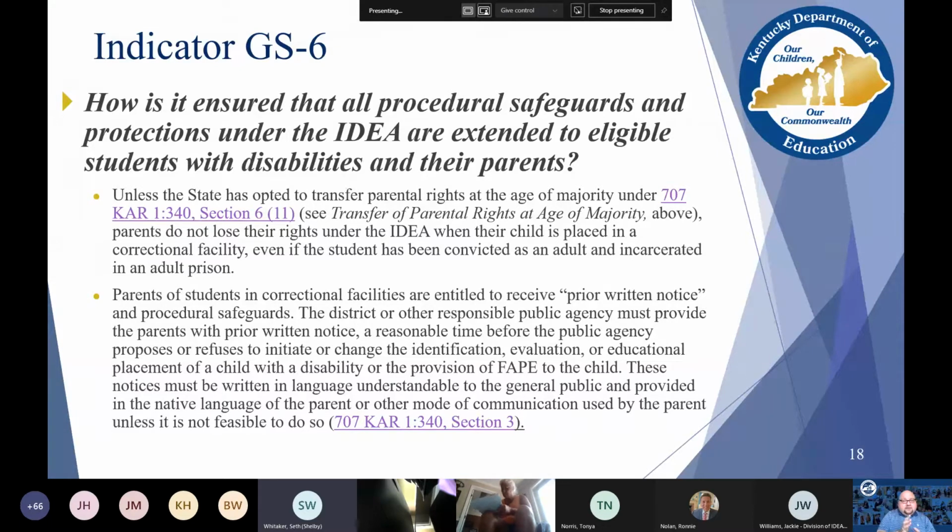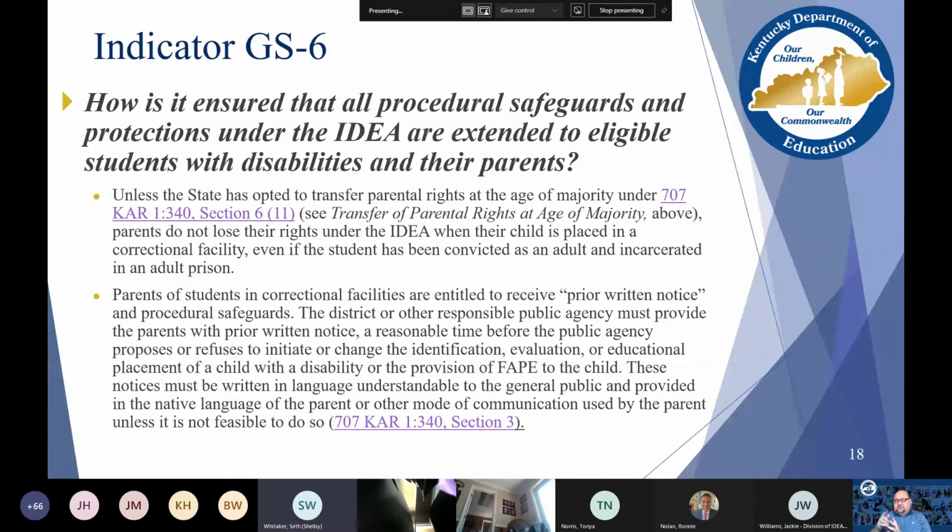And I'm going to tell you in very uncertain terms here that if we start looking at a district and it keeps saying, well, parent waived procedural safeguards, parent waived notice, if we see those patterns, that's going to cause us to start to see, was every reasonable effort made to contact the appropriate representative for that child? So please make sure that you're doing what you're supposed to be doing.